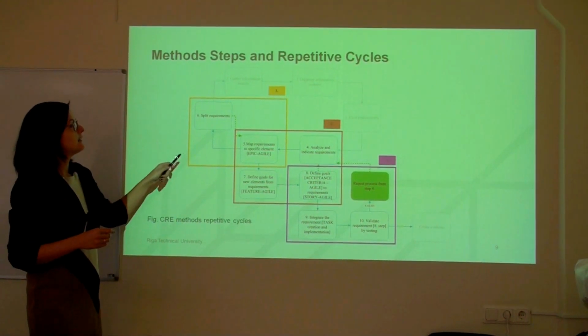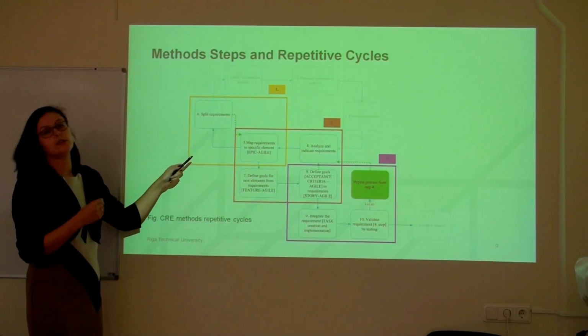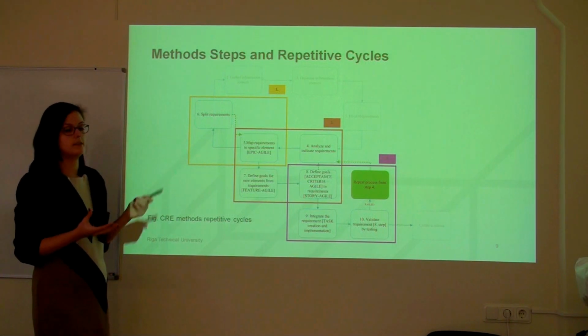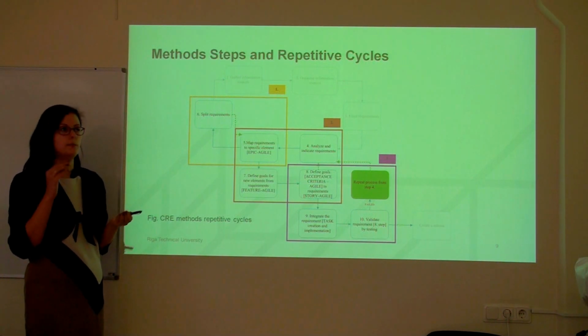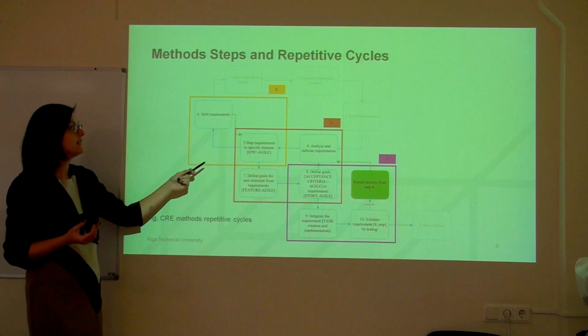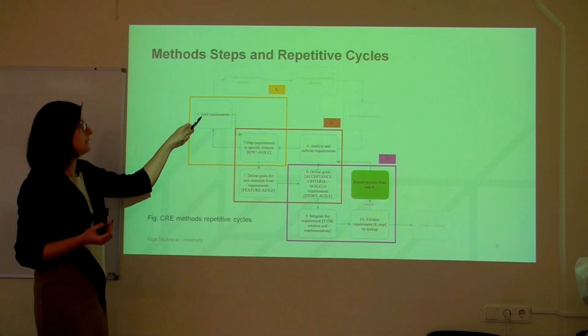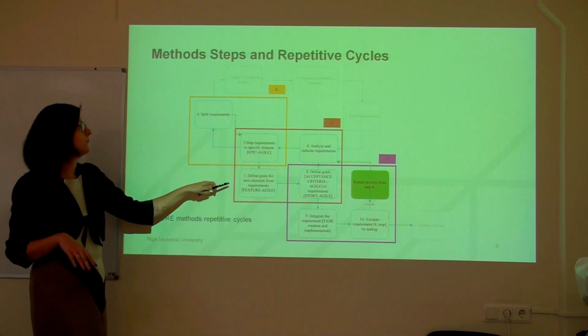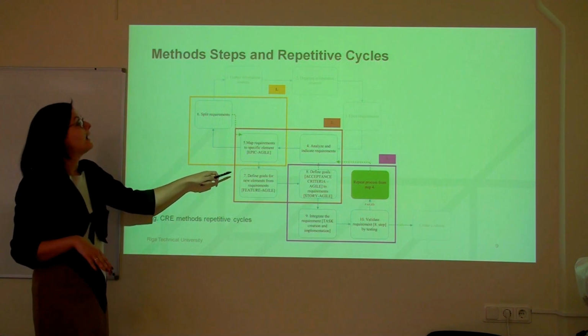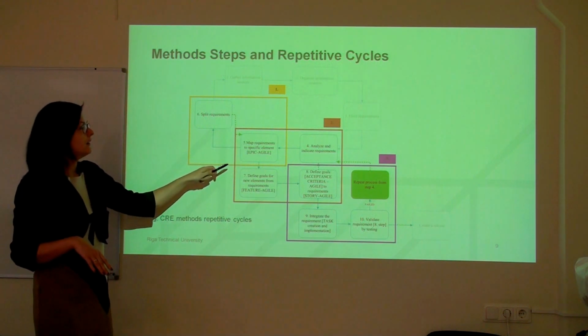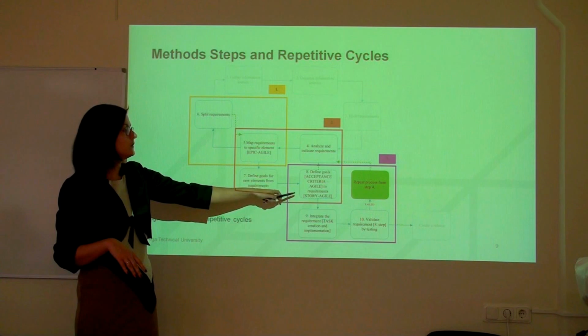The first cycle is when, as I already told, if you have not balanced loads between the requirements, you should split them, and that's why you split and go back and go farther. And then is cycle 2, where the link back is through define goals.